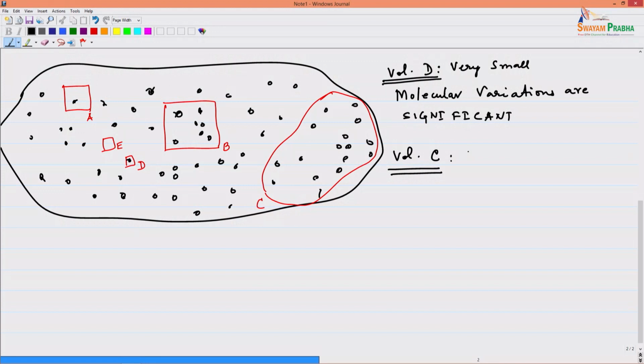So volume C has a sufficient number of molecules. Just to give a crude example, at an instant of time it has, say, 100 molecules.